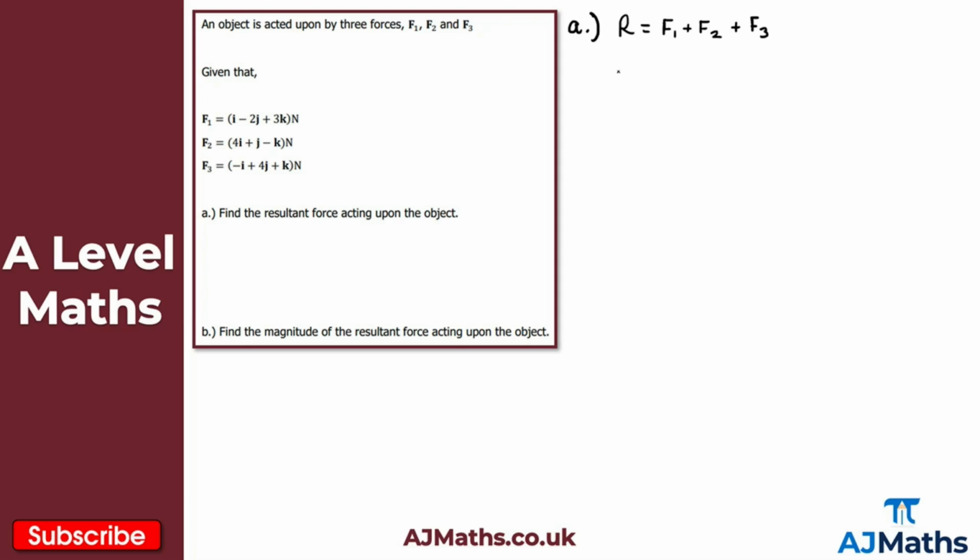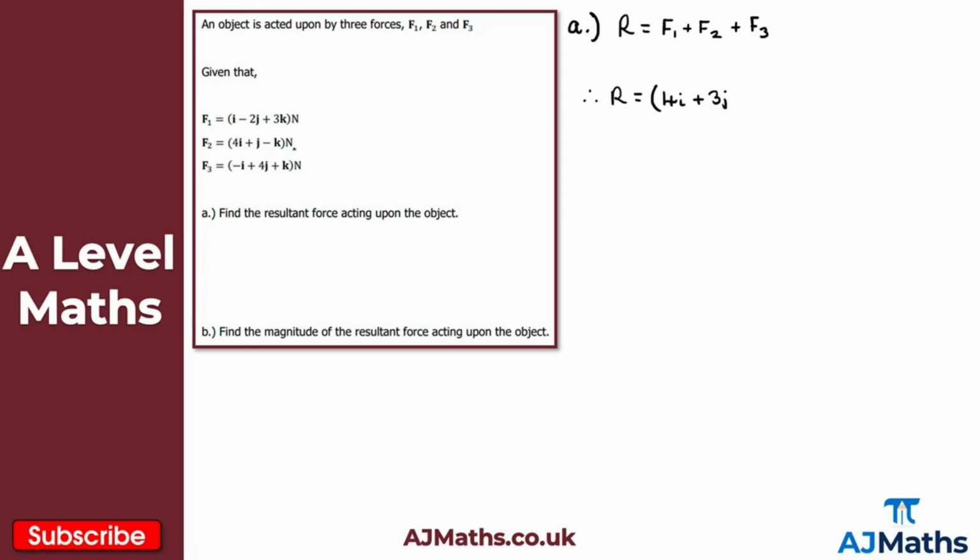What I'm going to do is add here to get the resultant force by just summing the components. For the I component, that's going to be I plus 4i, so that's 5i, minus I, so that's going to give me 4i there. For the J component, that's going to be minus 2j plus j, that's minus j, plus 4j, so that's going to give me plus 3j there.